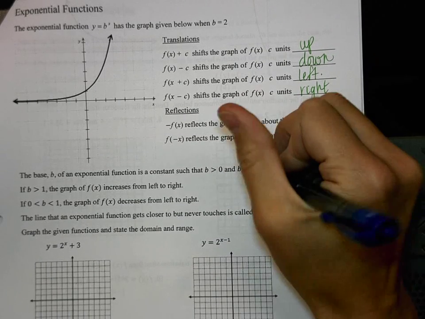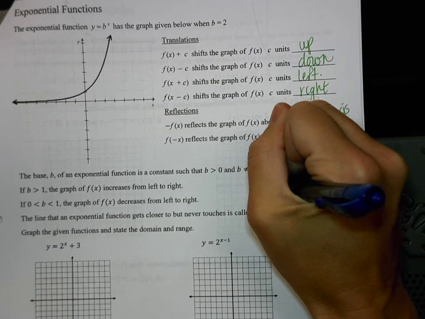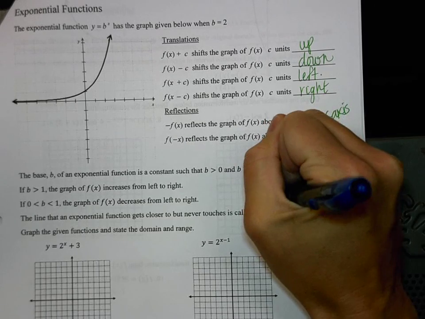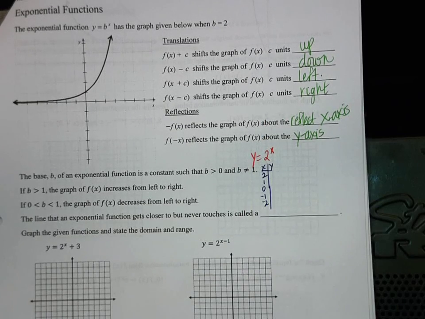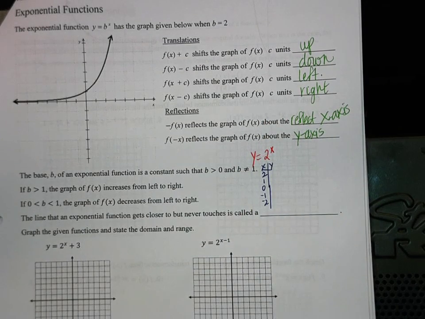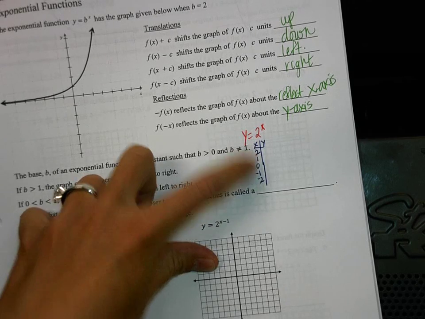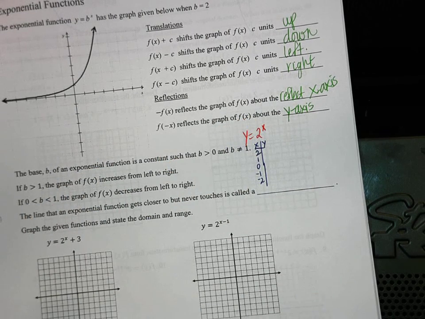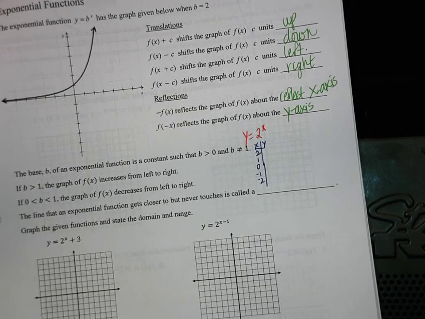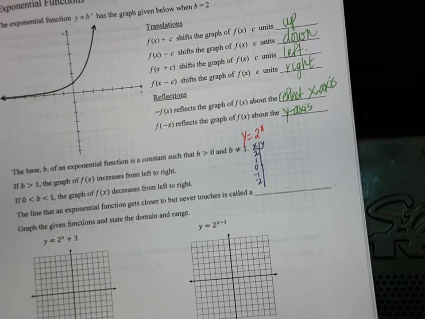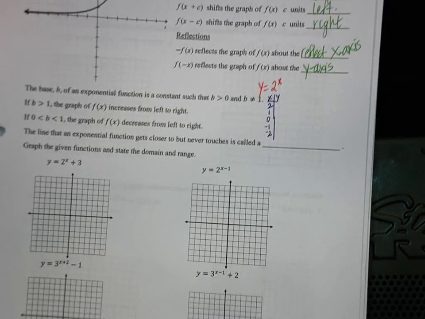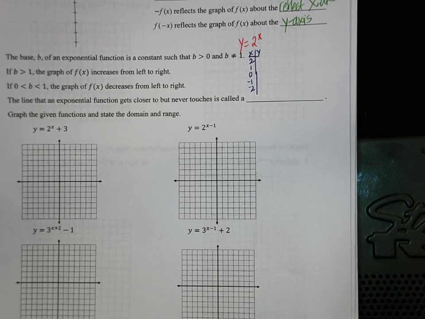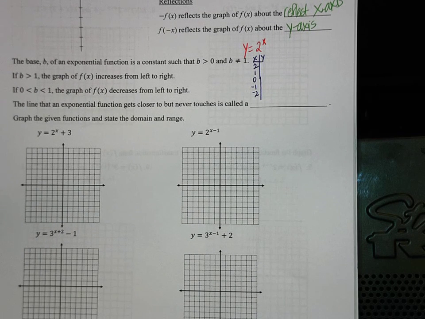Normally you'd pick points like 2, 1, 0, negative 1, negative 2 when you're graphing. The reason I picked the values for x is because x is in my exponent. If y had been in my exponent, I would choose values for y. So when you plug those values in for x, what values do you end up getting?